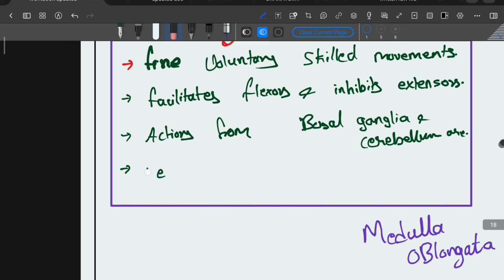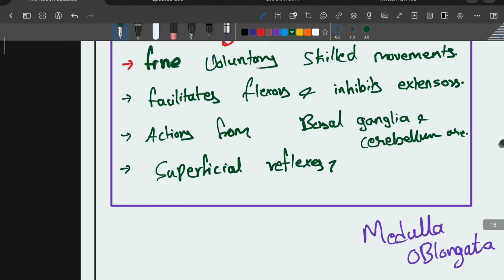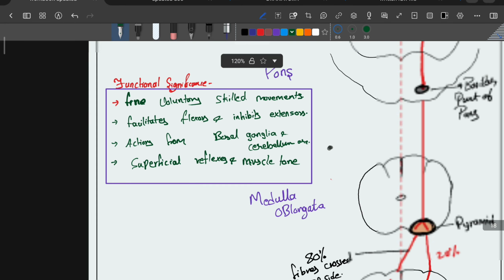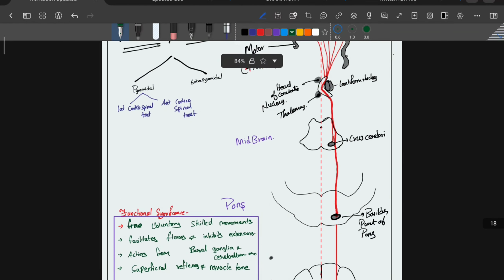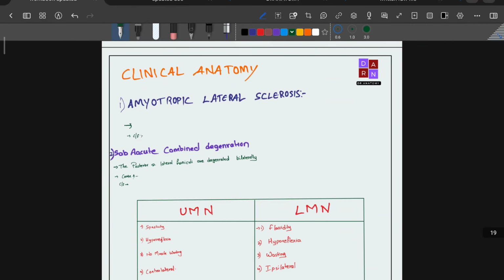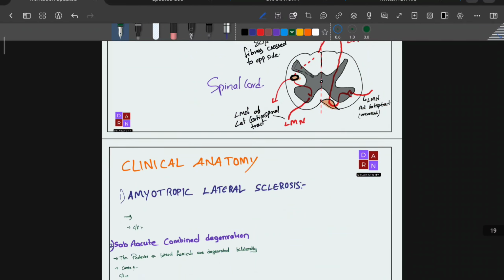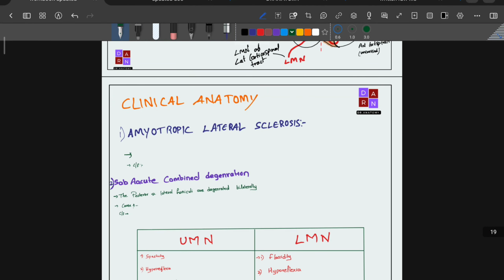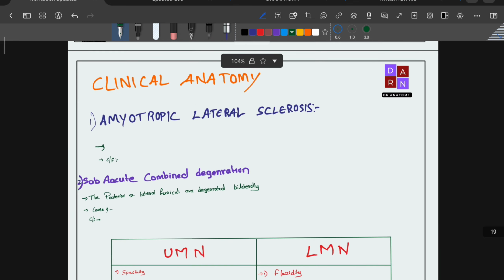Superficial reflexes and muscle tone as well. Okay, these are your pyramidal tracts. So next we are going to discuss the clinical anatomy of these tracts.